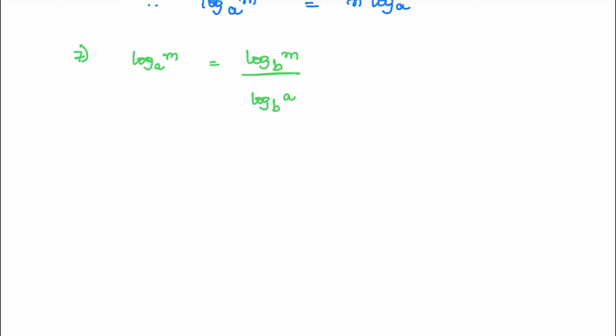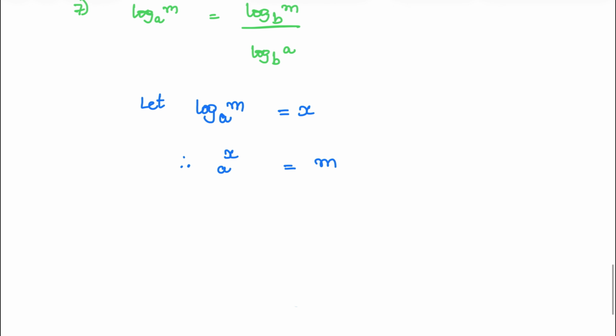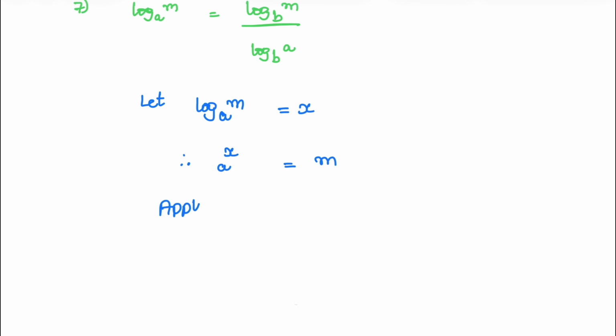Let's discuss the seventh one: log m base a equals log m base b by log a base b. Let log m base a equal x. Therefore, a power of x equals m. Apply log b on both sides.